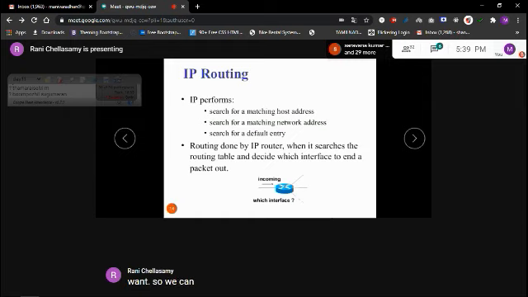So we can club this PC1 and PC2 in the network 192.168.0.0. On the other side, we can club these two, PC3 and PC4, as another network, since it starts with 192.168.1.0. Okay.